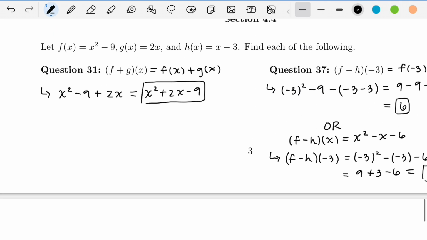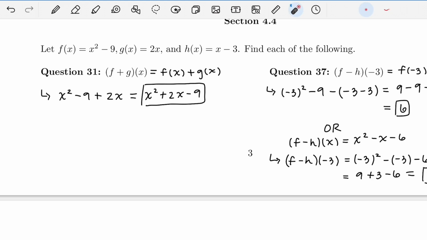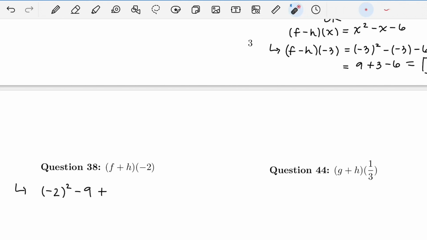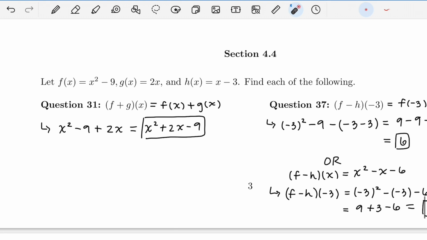F of negative 2 is going to be this guy evaluated at x is equal to negative 2, so we're going to get negative 2 squared minus 9. Then we're adding to this the value of our polynomial function h of x evaluated at x is equal to negative 2.